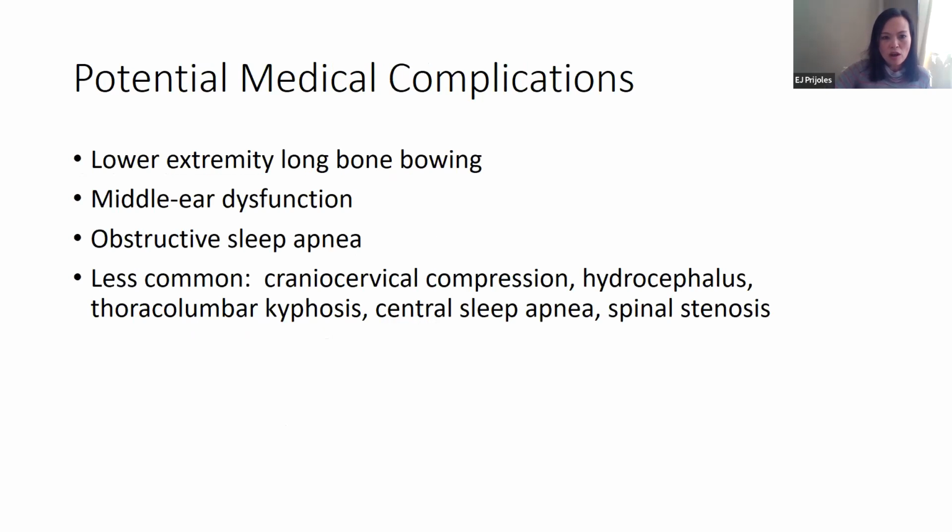Some of the medical complications for individuals with achondroplasia that are highlighted in this type of paper would include long bone extremity bowing, middle ear dysfunction, obstructive sleep apnea, and then individuals with achondroplasia can less commonly have some of these complications, including craniocervical compression, hydrocephalus, kyphosis, central sleep apnea, and spinal stenosis.